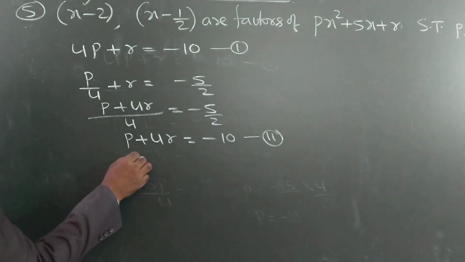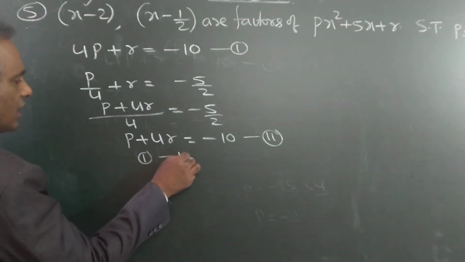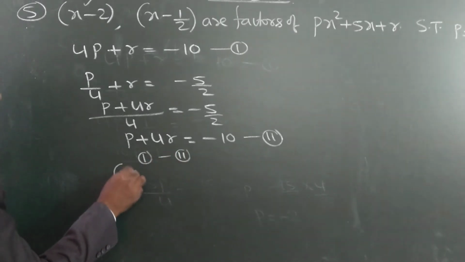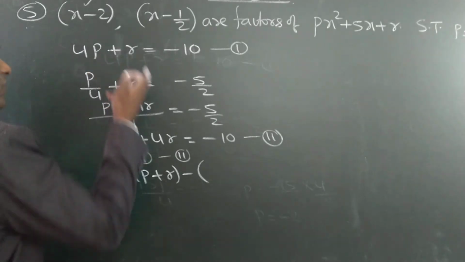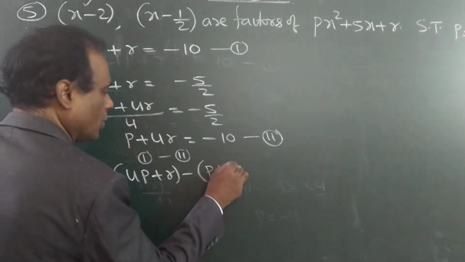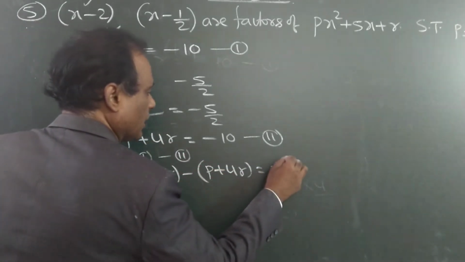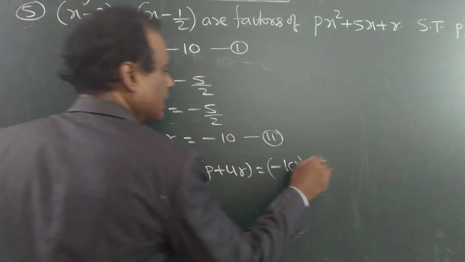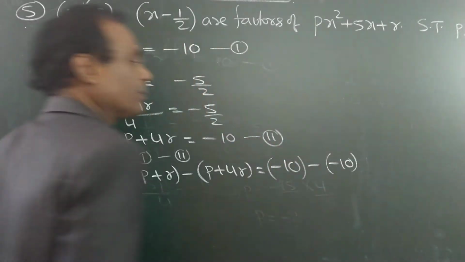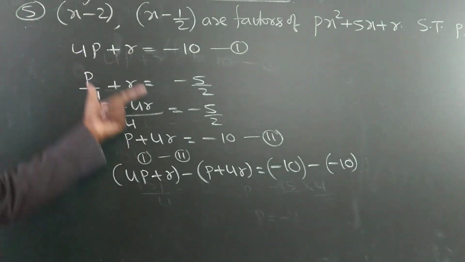So now what I am doing is first equation minus second equation. 4P plus R minus P by 4 plus R equals right side minus 10 minus minus 10. Subtraction, this minus this.